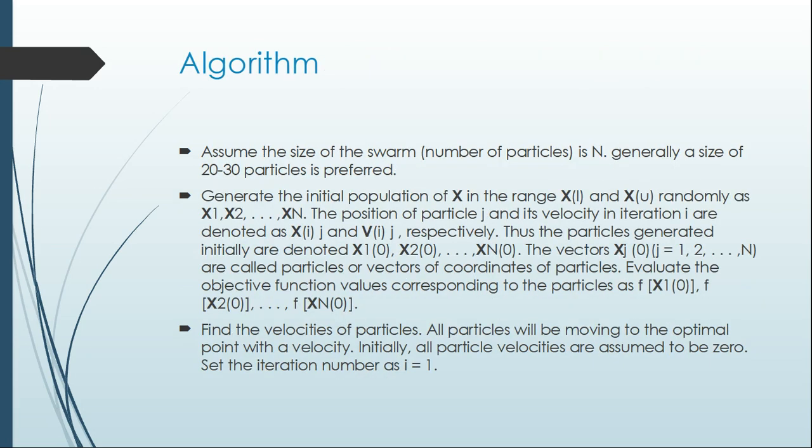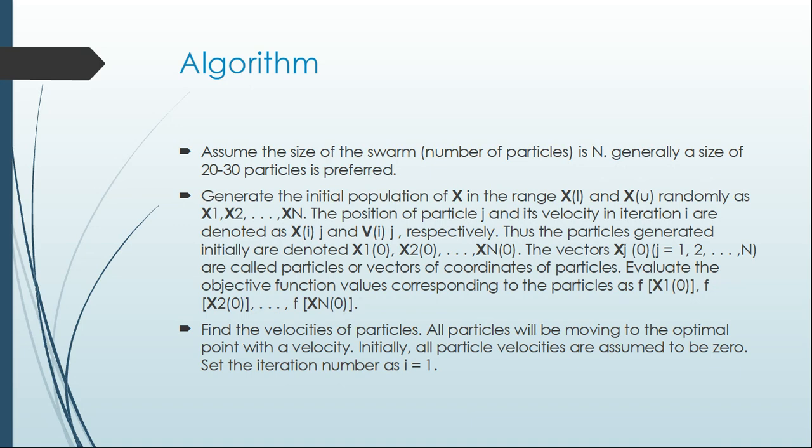We'll assume the size of the swarm, which is the number of particles, is n. We'll generally prefer 20 to 30 particles. We'll generate the initial population of x in the range x_L to x_U randomly as x1, x2, and so on to xn. The position of each particle and its velocity in the ith iteration are denoted as x_i(j) and v_i(j) respectively.